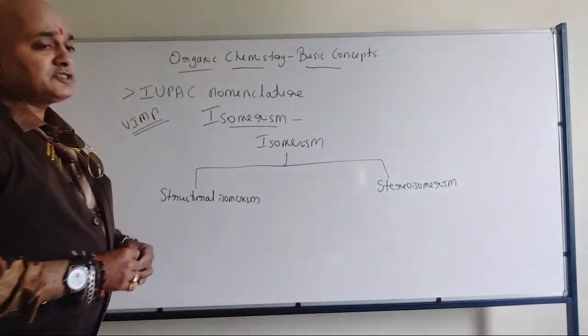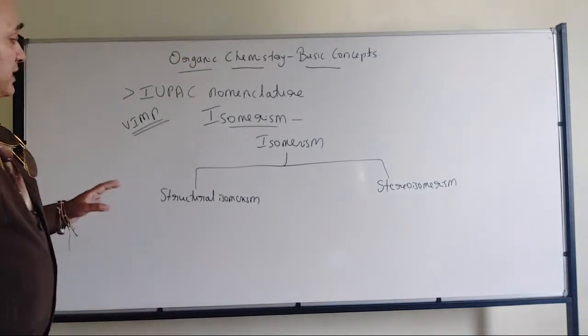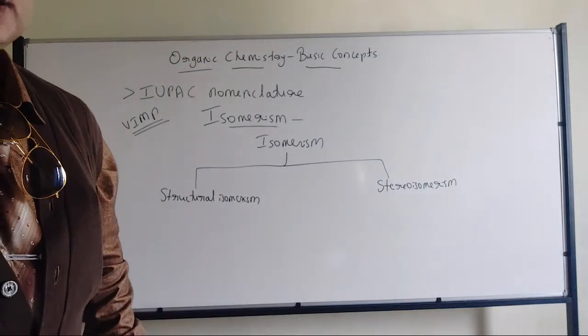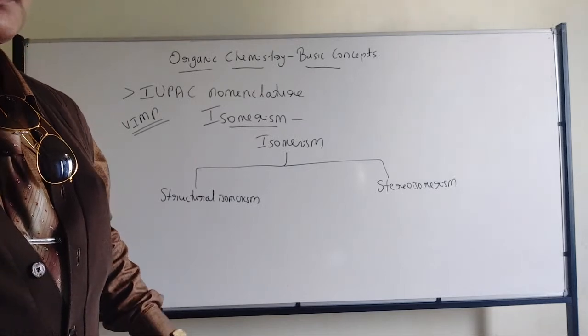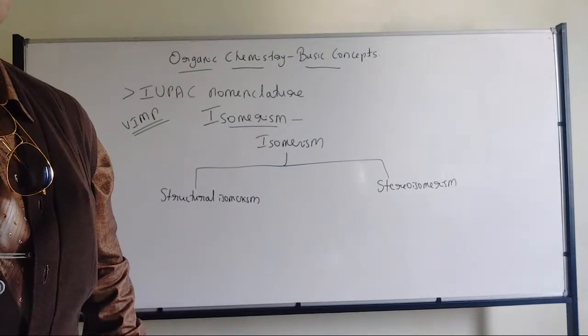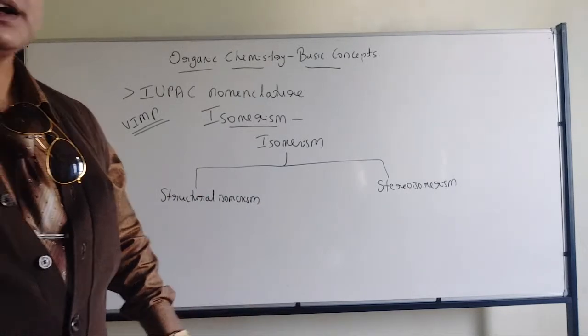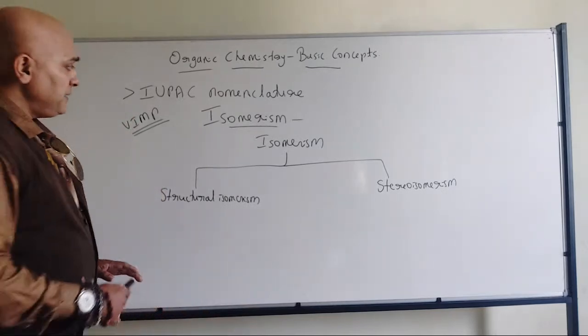Structural isomerism, as the name itself says, differs with respect to the structure. But stereoisomerism differs with respect to the arrangement of elements around the carbon. Anyway, we are not going to discuss stereoisomerism in detail.